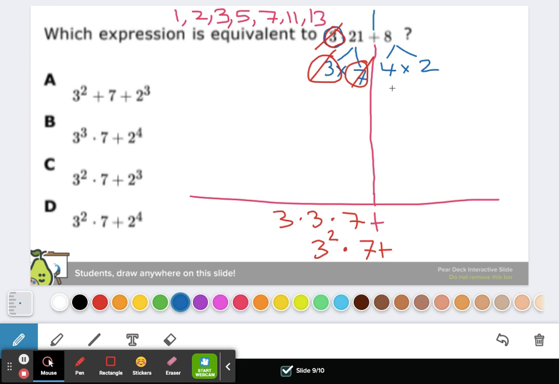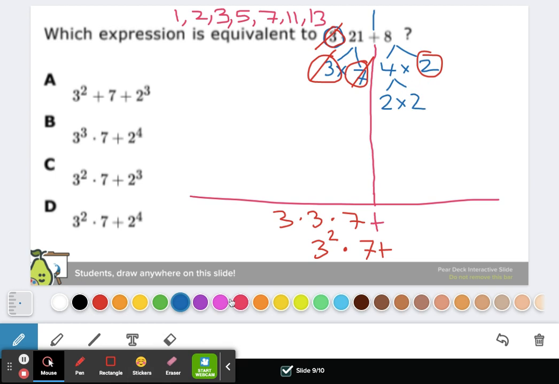Okay, so now here, what I need to do is figure out, do I have any prime numbers in this line right here? And I do. So then that means I need to circle my number 2, because 2 is right here. And then I need to continue the 4. So with my 4, I'm going to do 2 times 2, because 2 times 2 gives me 4.